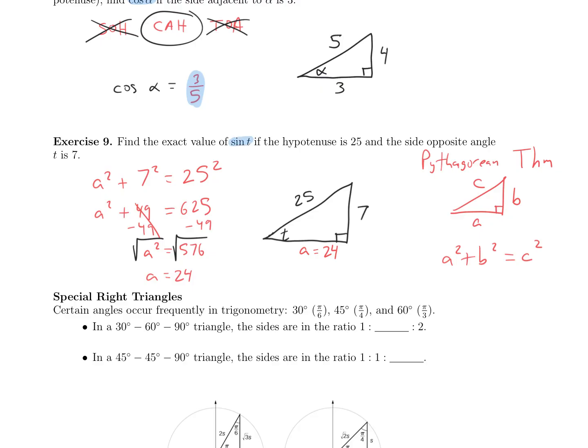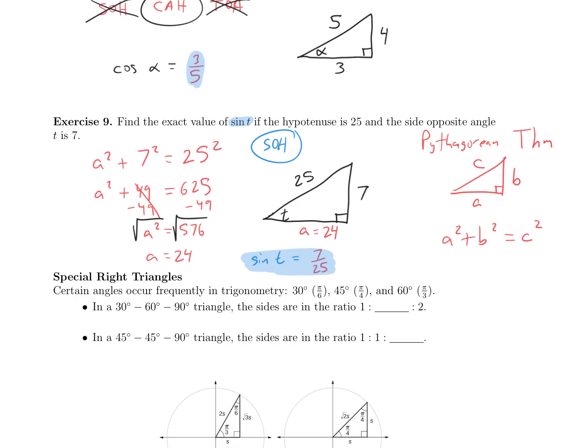So sine of t, if you recall, is opposite over hypotenuse. In this case, the opposite side is 7 and the hypotenuse is 25. So our final answer will be 7 over 25 for that. Had they asked for cosine, it would have been 24 over 25. And had they asked for tangent, it would have been 7 over 24.